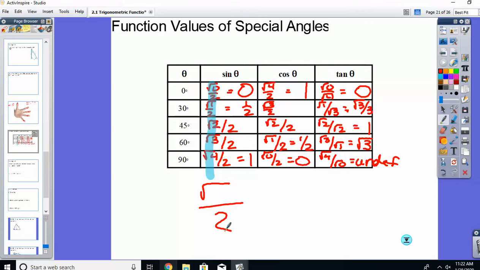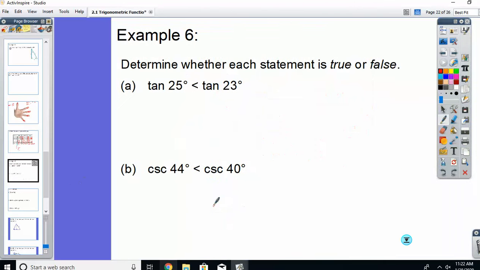So all I want to do for the rest of class is just use these values. When I ask you a question about a value, I want you to try to figure it out versus just looking at the table that we copied down, because we want to learn these moving forward. The first two are going to kind of compare our values in this table. I want to know if this would be true or false.